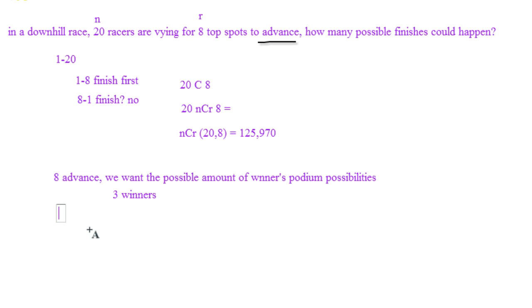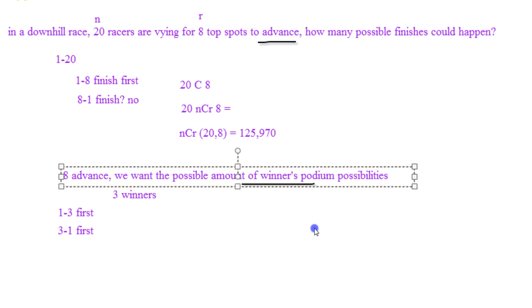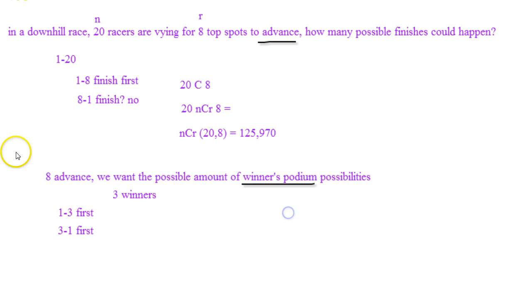If we number them 1 through 3, finishing first in that order, 1 gets the gold, 2 gets the silver, and 3 gets the bronze. That is different from 3, 2, 1 finishing first. So because that's different, order does matter here. This one, order doesn't matter. This one, order does.